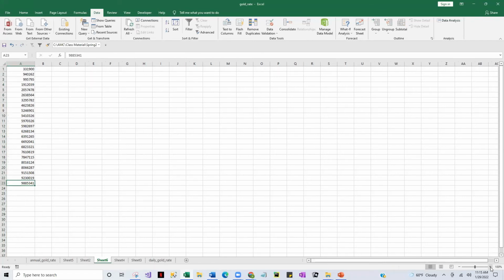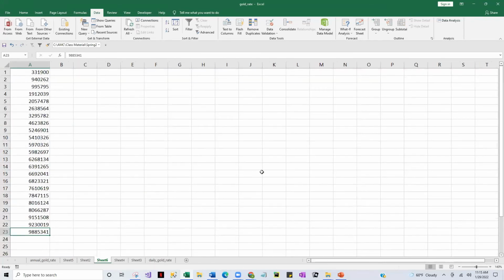Can you see now, bigger? I just made it a little bigger for you. So this is going to be my minimum, and this is going to be my maximum. And what is going to be my median?